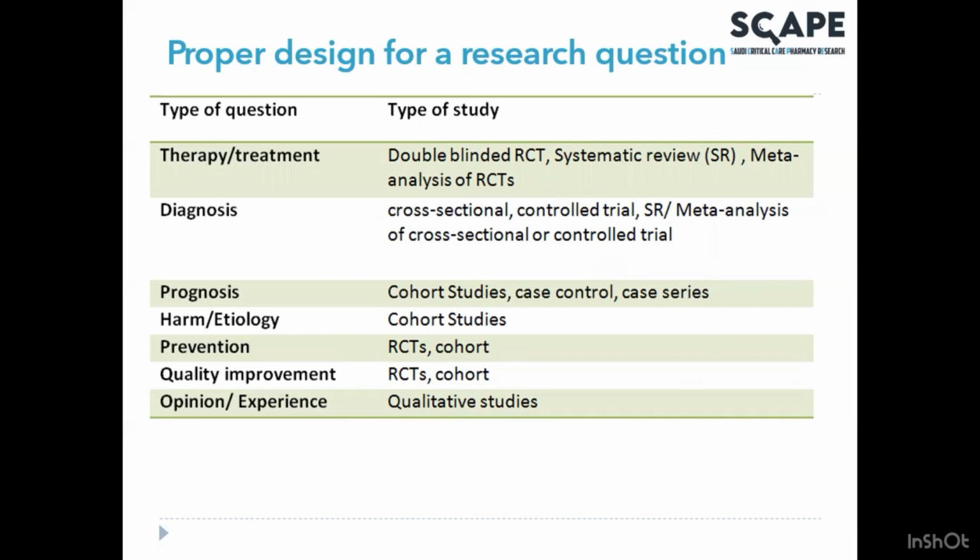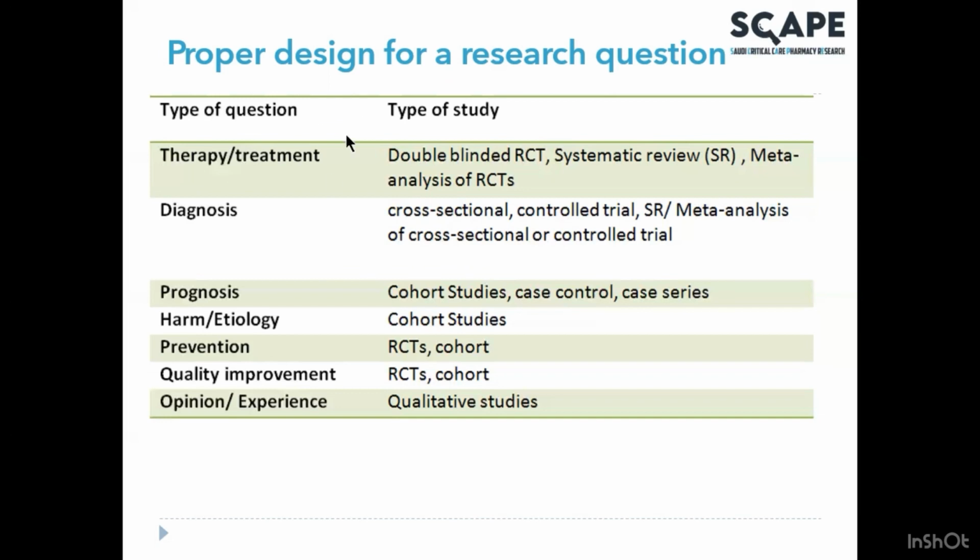It can be a systematic review if you have already found a good number of RCTs in the literature, so you may want to review them and make a systematic review out of them. A systematic review can be followed by a meta-analysis if there is available data to be analyzed.